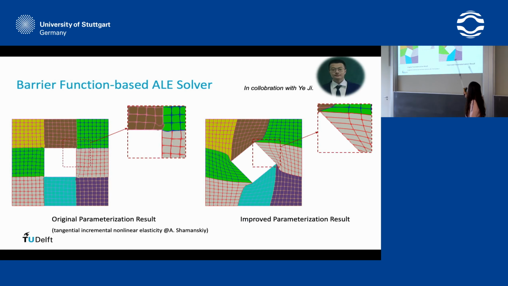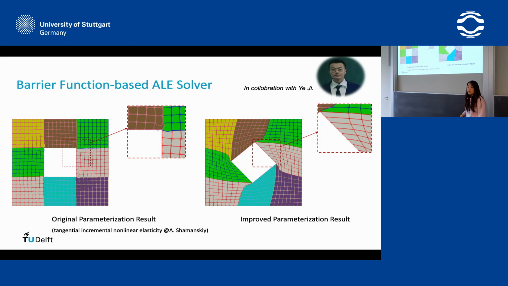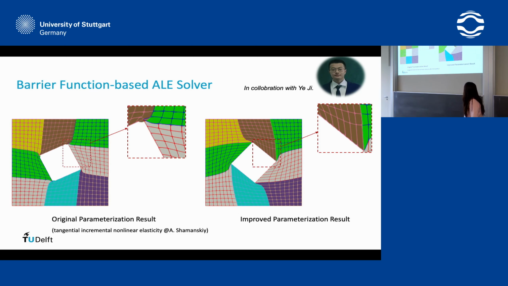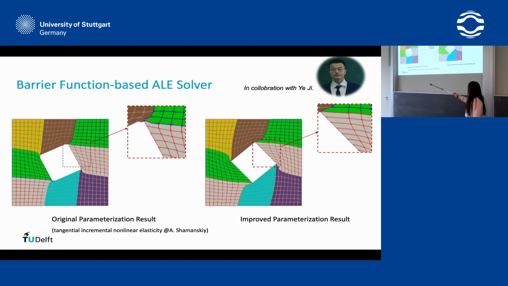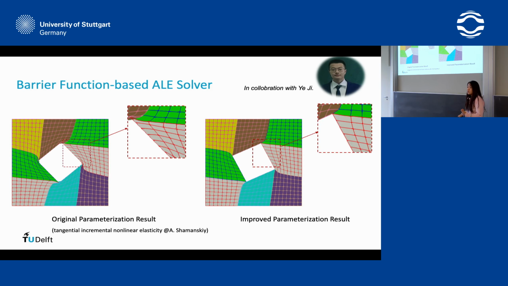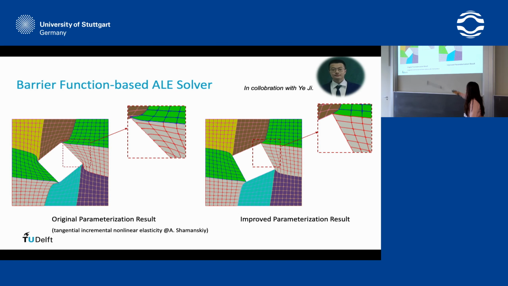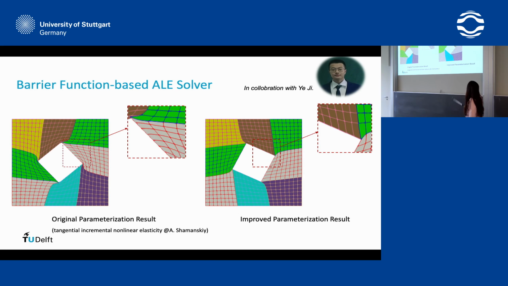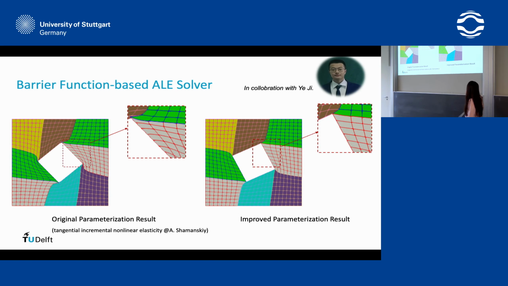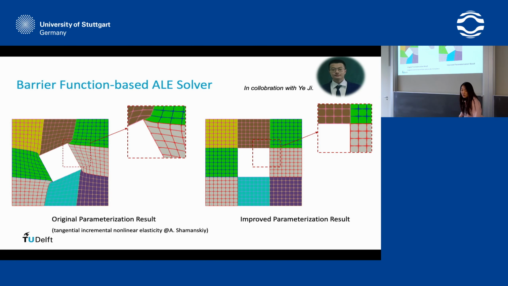This work is in collaboration with Ye, a postdoc in our group. This is the original PDE-based parameterization method, and you can see the mesh distortion over there. And this is our improved parameterization result. You can see it's very smooth.